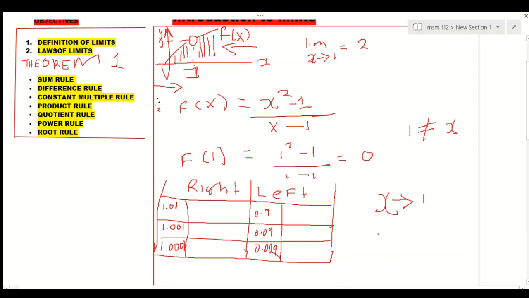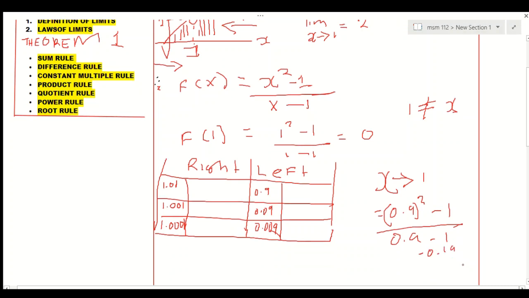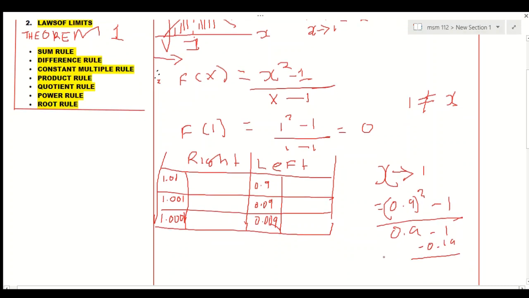let's say 0.9 squared minus 1 over 0.9 minus 1. So if you put that, you work out that 0.9 squared minus 1 is negative 0.19, over 0.9 minus 1, that is negative 0.1.